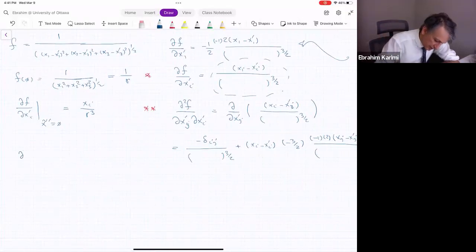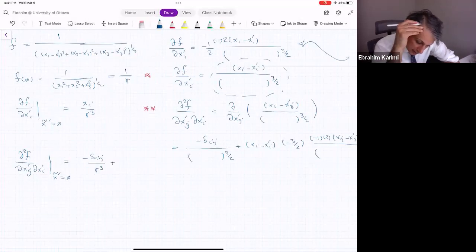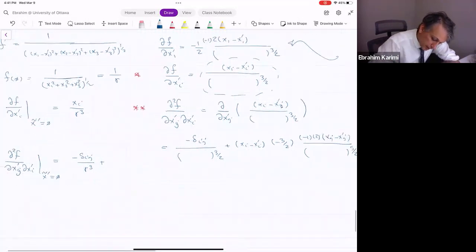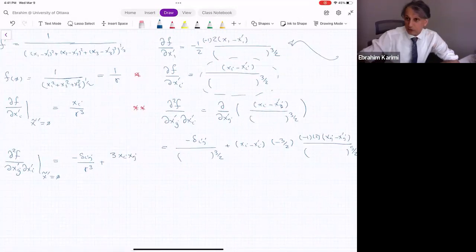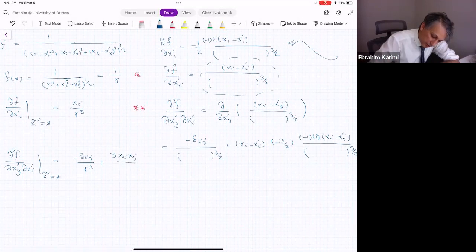The second derivative of f with respect to x prime i and x prime j at x prime equal to 0 will be minus delta ij divided by r to the power of 3, plus, because the 2 goes away, 3 xi xj, because x prime i and x prime j will be equal to 0, divided by r to the power of 5.